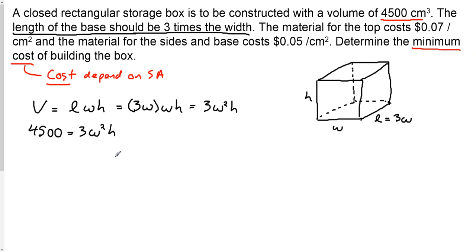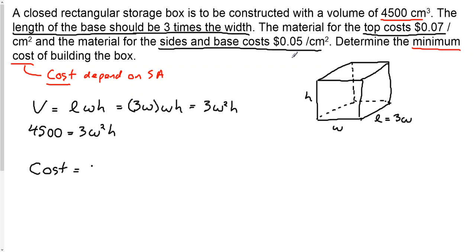Now that equation is going to help us later on when we are working with our cost equation. So let's just go ahead and try to figure out what our cost equation is going to look like. Now, what do they tell us about the costs? Well, we've got two different materials. We've got a material for the top, which costs 7 cents per centimeter squared. That's just for the top. And then the rest of it, the sides and the base, costs 5 cents per centimeter squared.